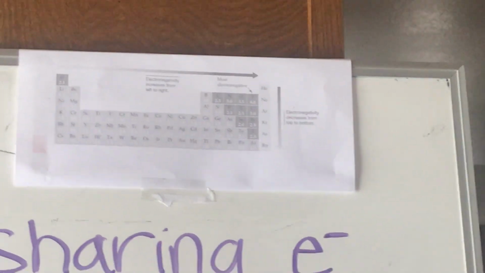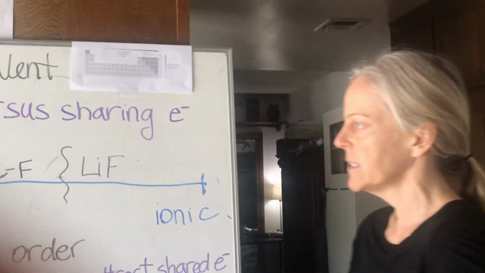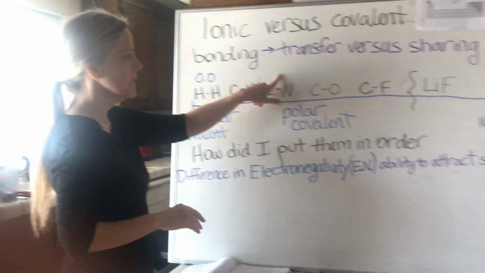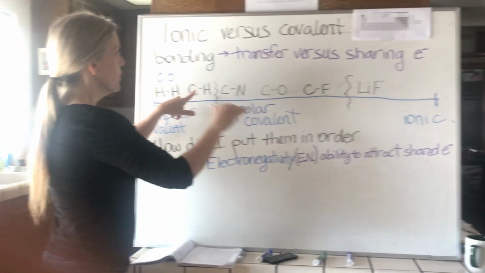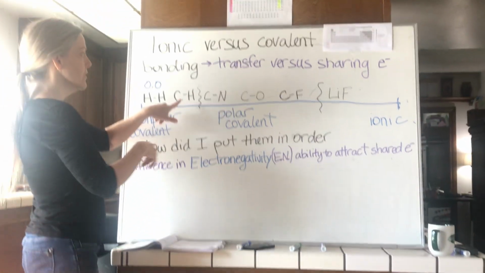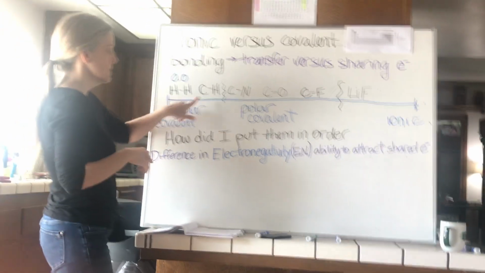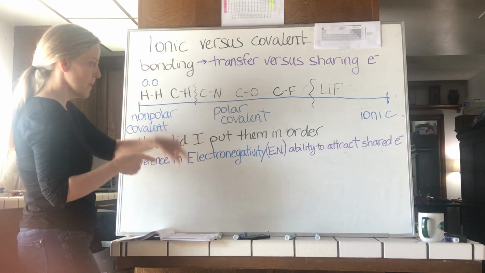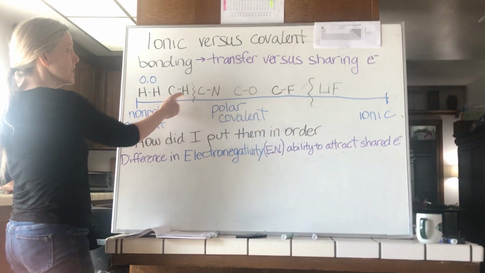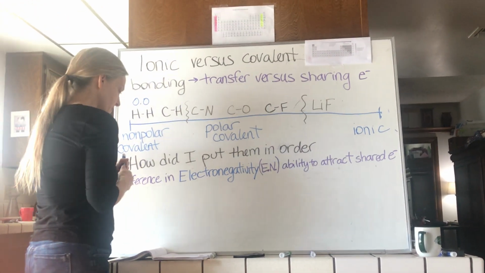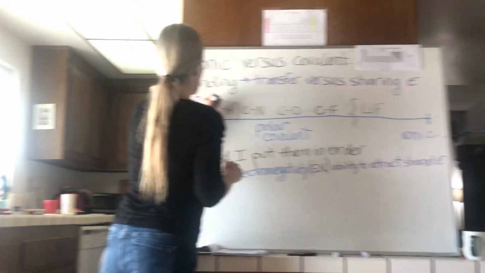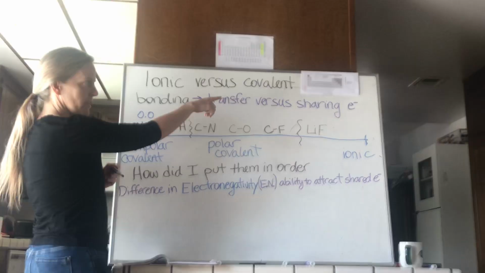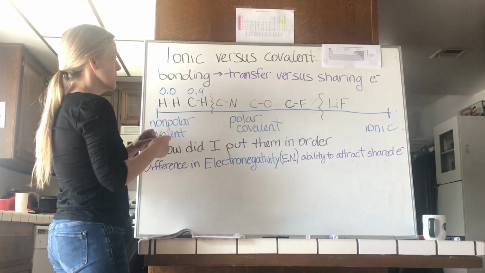So when I put numbers above each one of these so you could see the range, what I'm doing is taking those values for each one of the atoms and finding the difference in them. So if I got the value for carbon, and I got the value for hydrogen, and I subtracted them, I would get a value of 0.4, which is why it's good to print that out so you can see where I'm getting these numbers from.